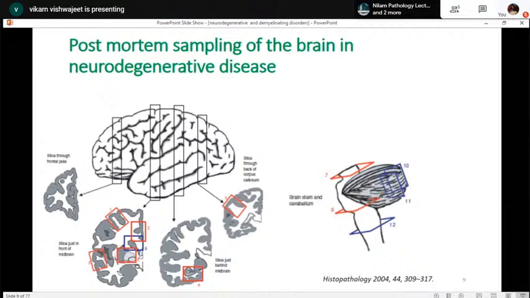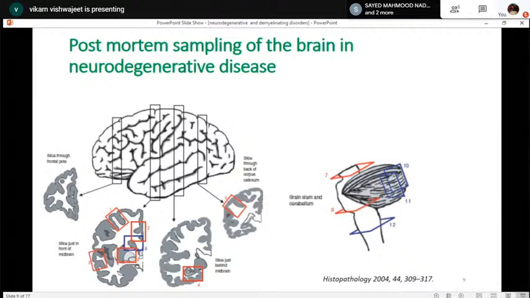Before proceeding further, let's discuss how to sample the brain in case of neurodegenerative disorders. In case of neurodegenerative disorders, we need to sample the different areas which can be affected. Before slicing the brain, it is important to fix the brain in formalin for at least 2 to 3 weeks, and thereafter, after proper inspection of the cortical surface, it can be serially sliced.